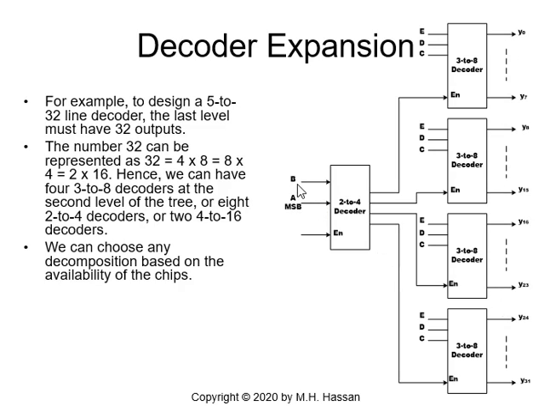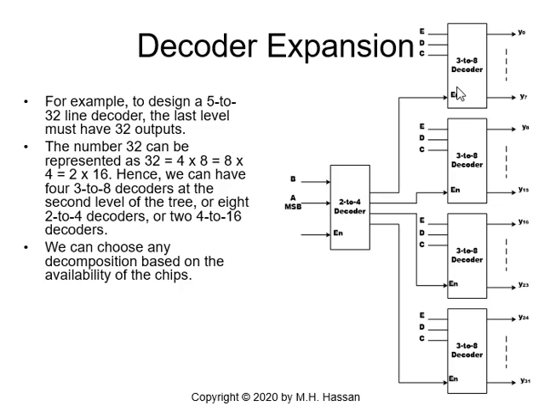If A and B are 1, 1, this line will be active, so the last decoder, the one at the bottom, will be active. And if I have 1, 1, 1, Y31 will be active, and all the others will be 0. All of those will not be selected. So tree decoding is beautiful.